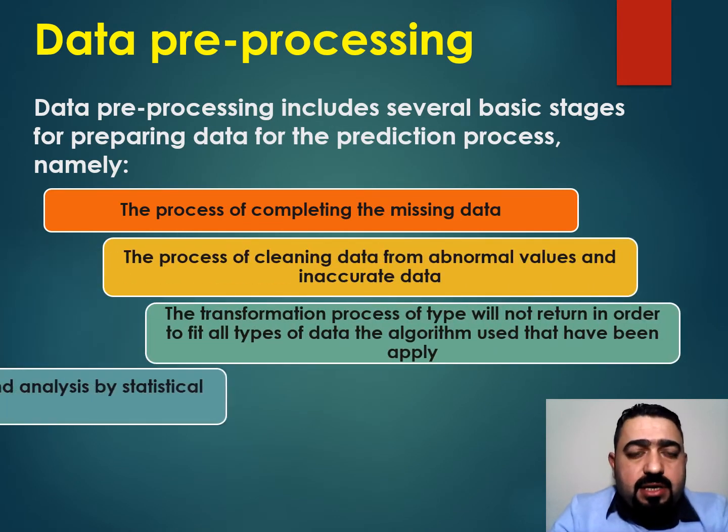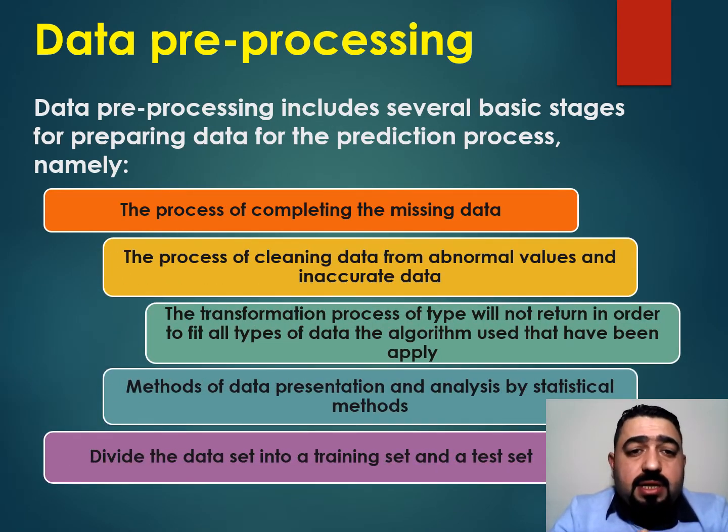The second stage in work methodology, data pre-processing. Data pre-processing includes several basic stages for preparing data for the prediction process, namely completing the missing data, cleaning the data from abnormal values and inaccurate data, and the transformation of data types in order to fit the algorithm used.